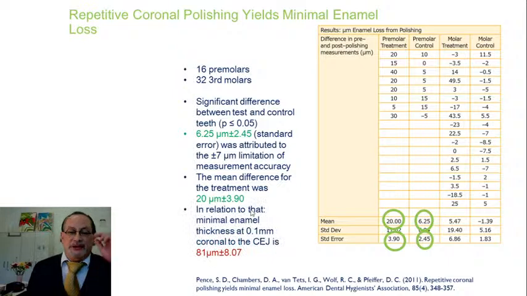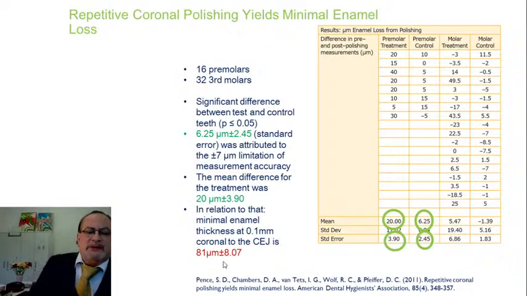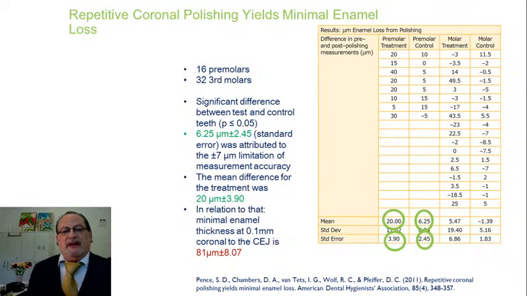And in relation to that, we have to know that the minimal enamel thickness, measured at 0.5 millimeters coronal to the cementum enamel junction, is 81 micrometers plus minus 8.07. So we have 20 micrometers in relation to 81 micrometers, so that we still have 61 micrometers of enamel in this very apical position of the enamel.